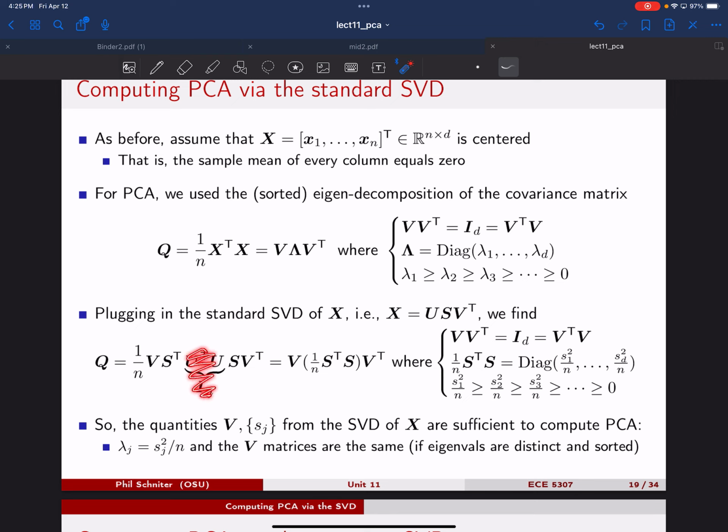And as a result, this really boils down to the V matrix from the SVD times this new matrix. But if you think about this matrix, this is a diagonal matrix times that same V matrix from the SVD transposed.